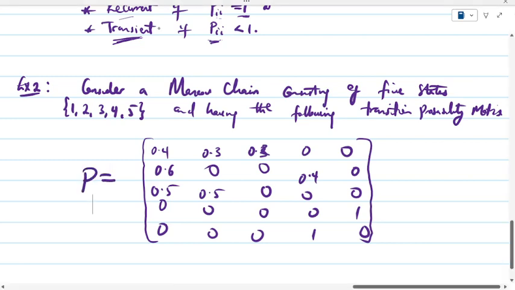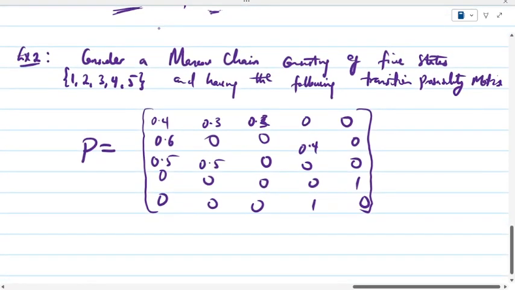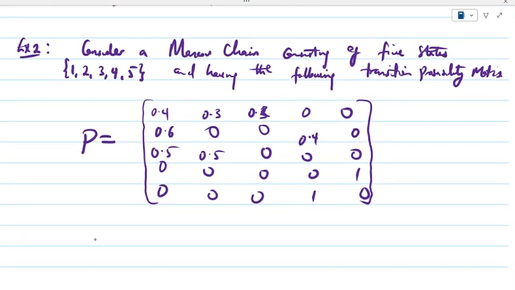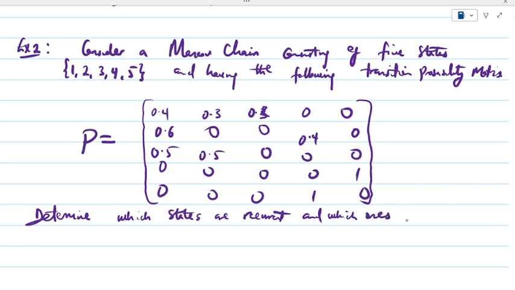So we want to determine which states are recurrent and which ones are transient.